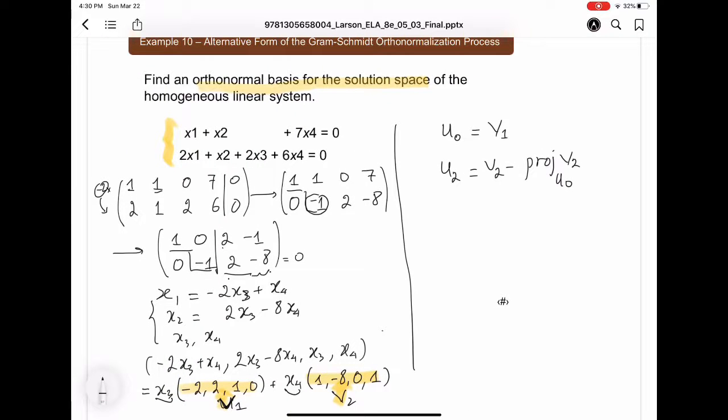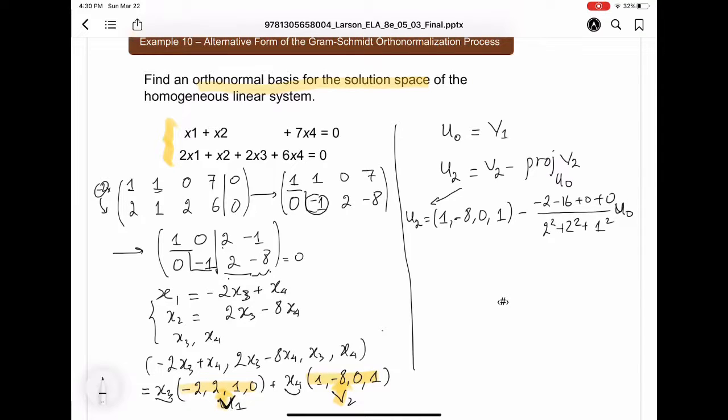Let me write: I have U1 equal to V2, which is (1, -8, 0, 1), and then minus V1 dot product with V2 would be, and here U0 dot V2 is -2 plus -16, plus 0, and divide by the norm squared, which would be 2 squared plus 2 squared plus 1 squared.